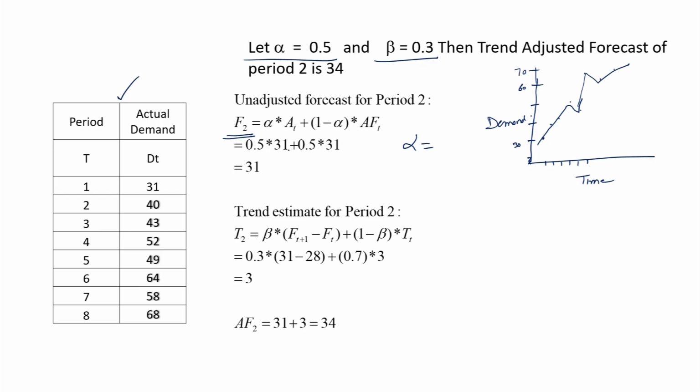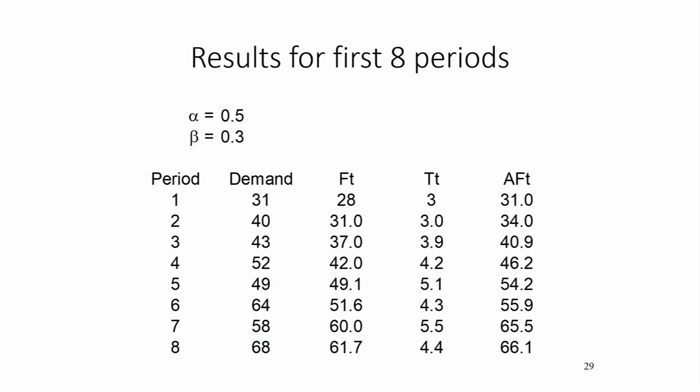So, we will calculate this, and the trend adjusted for period 2 is equal to 0.3 into 31 minus 28 plus 0.7 into this. So, T2, my trend adjusted estimate, is 3 and the unadjusted forecast is 31, and together the forecast of period 2 will be 34.